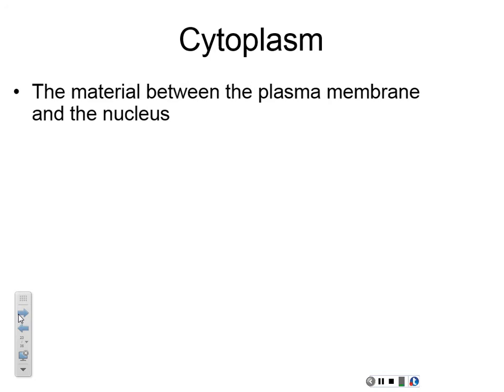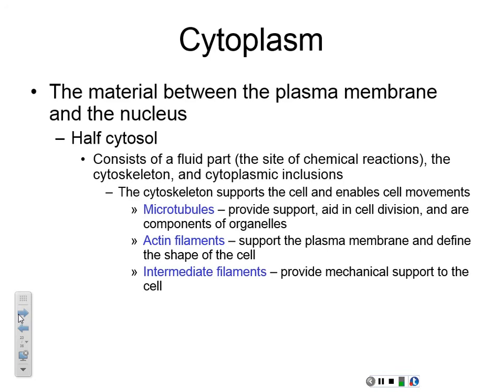All right. So we move on to the cytoplasm. We talked about how the cytoplasm is the material that is enclosed by the membrane, and it will have the fluid component, which is the cytosol, and it will have the cytoskeleton.